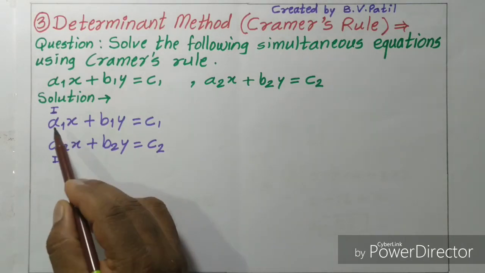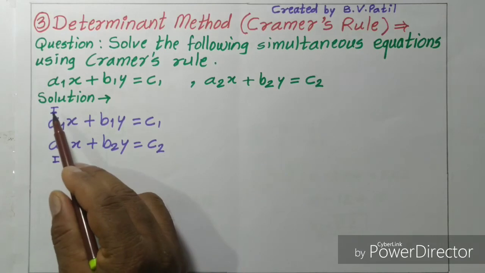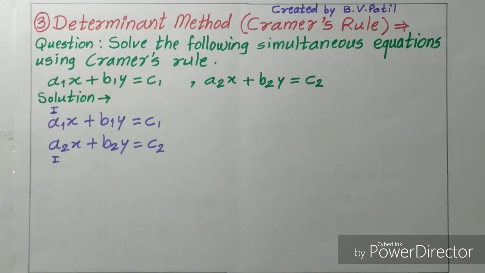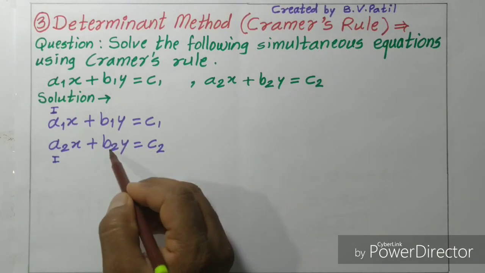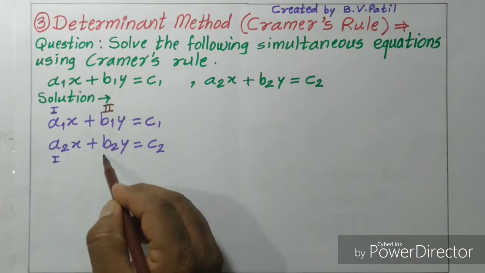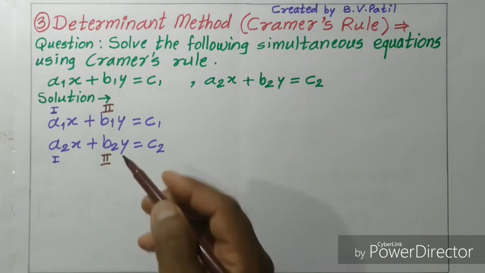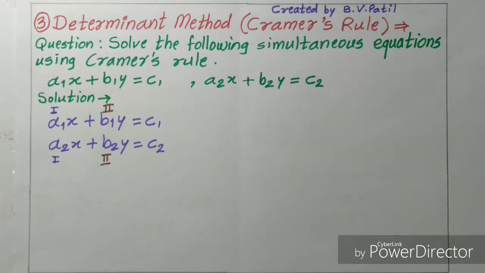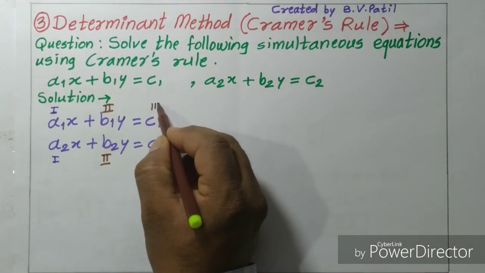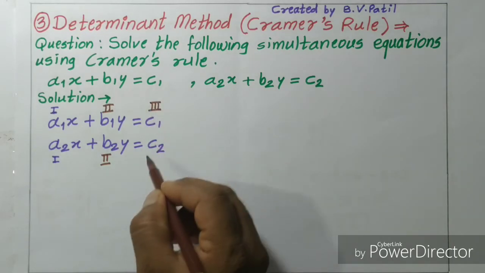The coefficients of x are a1 and a2, denoted by Roman number first. The coefficients of y are b1 and b2, denoted by Roman number second. The constants are c1 and c2, denoted by Roman number 3.